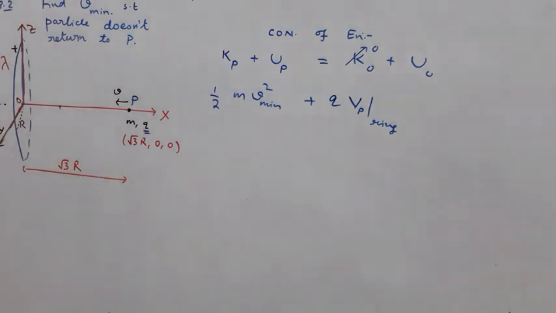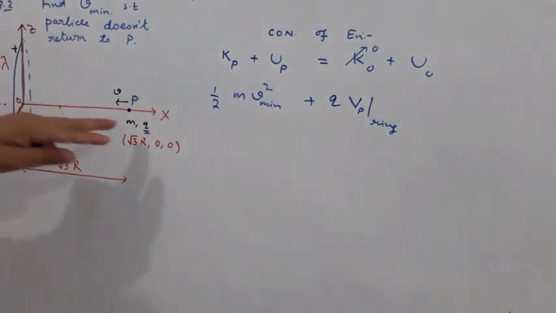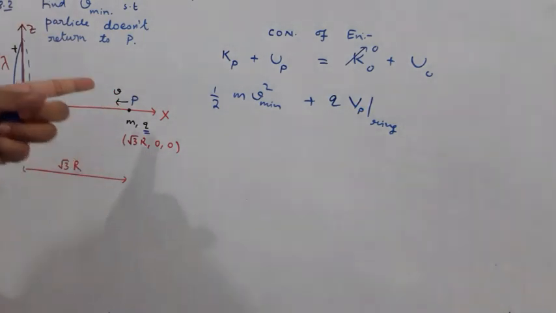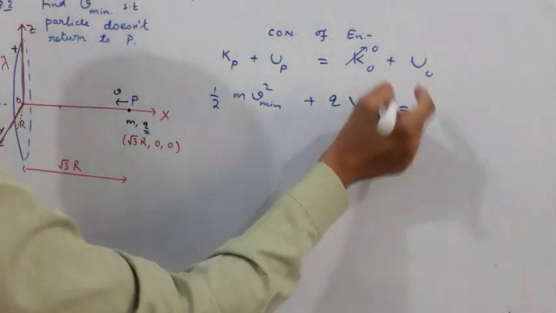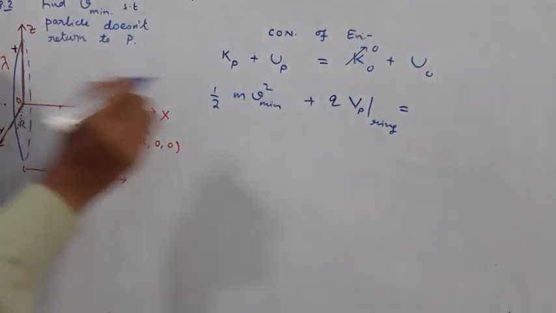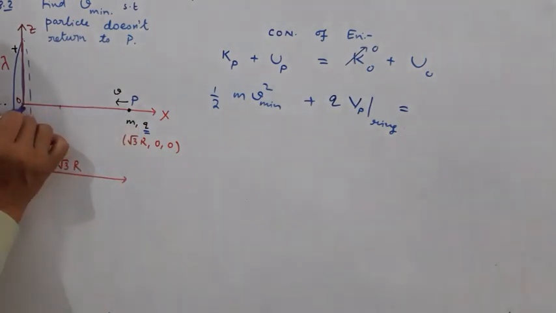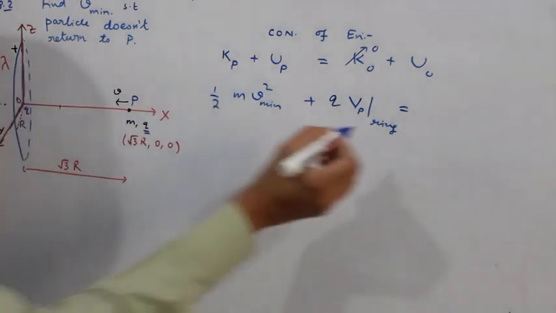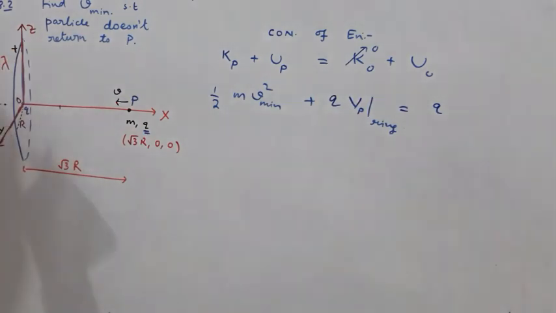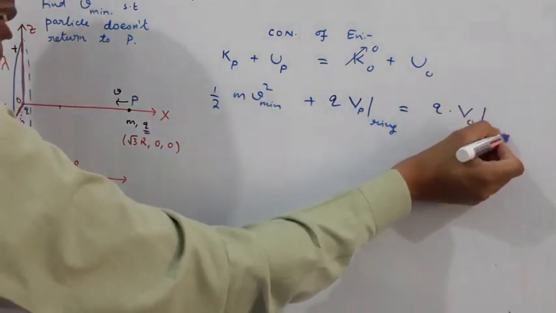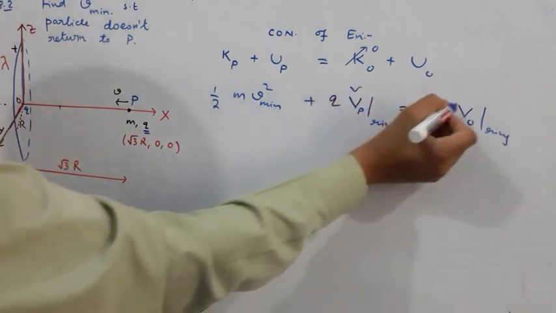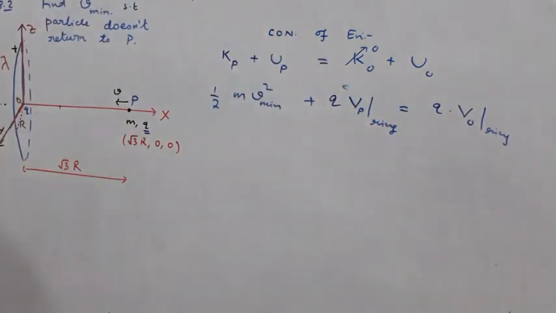Likewise, potential energy at O is equal to, when this charge reaches here, Q into the potential at that point due to the ring. Now we have to find these two things, potential at P and potential at O, the center of the ring.